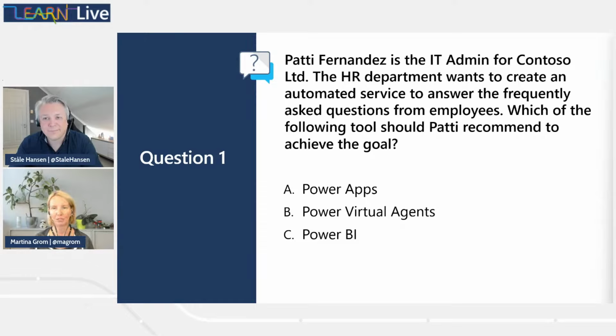Which of the following tools should Patty recommend to achieve the goal? We have option A, she can build a Power App. Option B, she can use Power Virtual Agents and let a bot do the work. Or C, she can use Power BI. So what's your opinion?